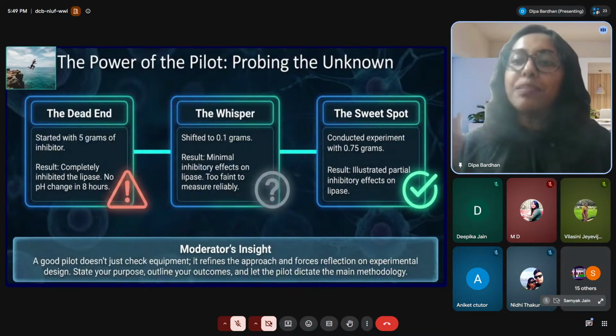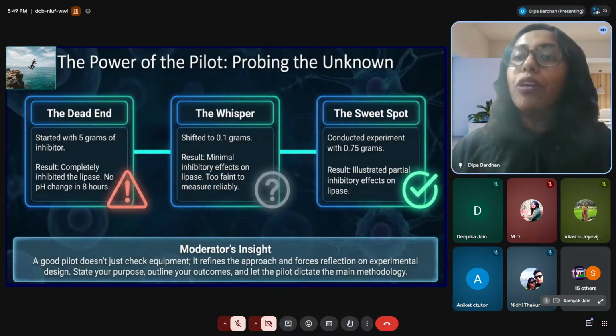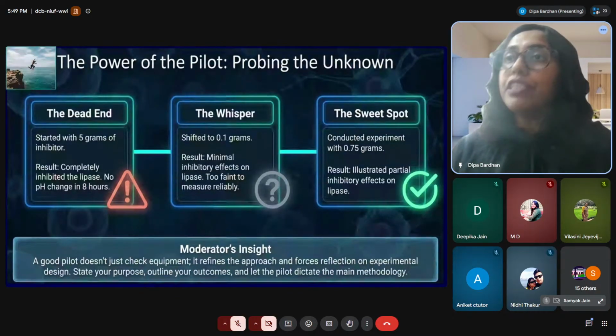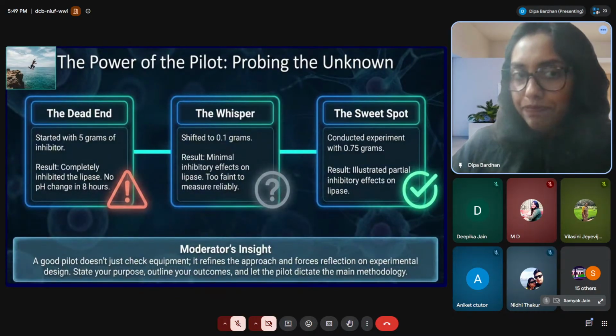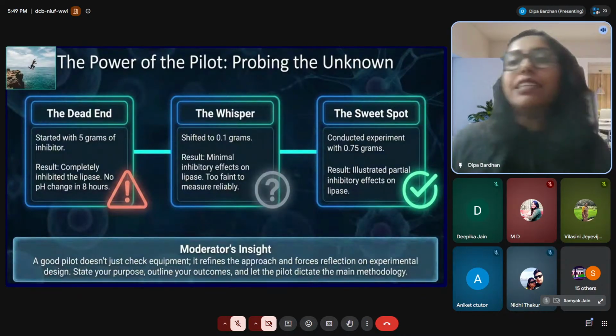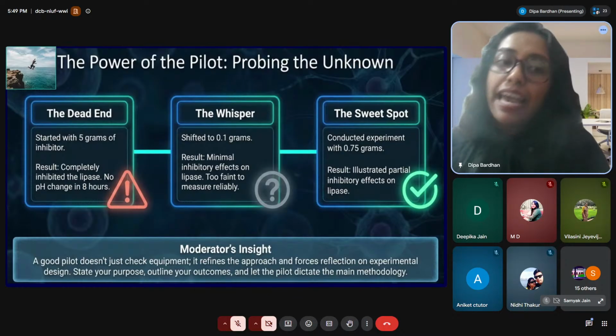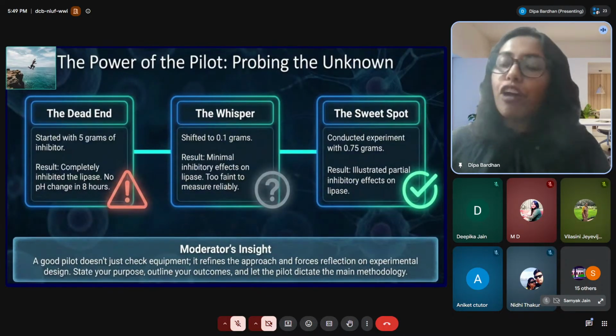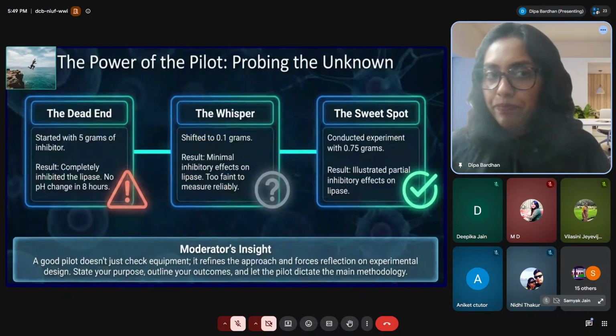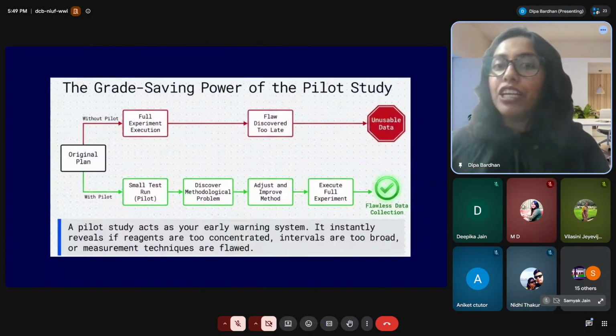No, please make some intervals, some levels, so that you know it may not be active at 50, but it may be active at 10. So a pilot trial with broad intervals is essential, and it saves you from many forthcoming challenges. Instead of being a dead end, work on it so that you can save your IA.